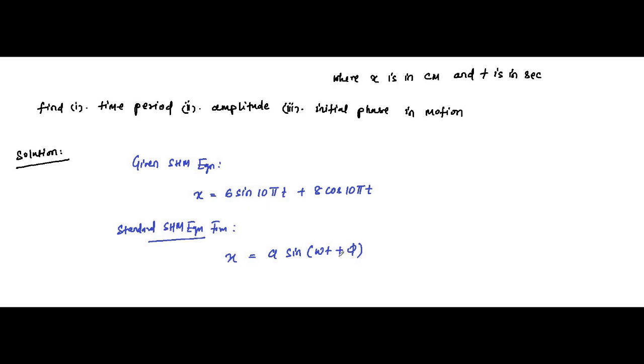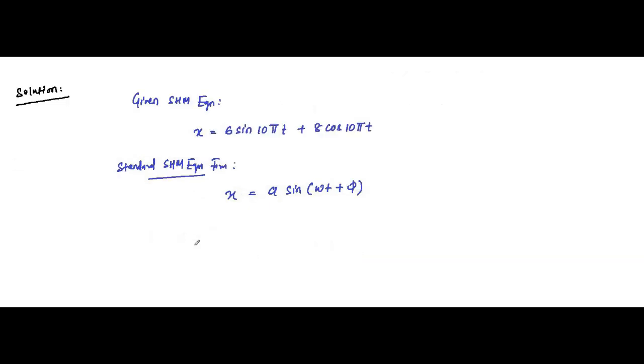So here if we use the trigonometric identity sin(a plus b) equals sin a cos b plus cos a sin b, it will be like this: a sin(a plus b), where a is omega t and b is phi. It will be sin omega t cos phi plus cos omega t sin phi.